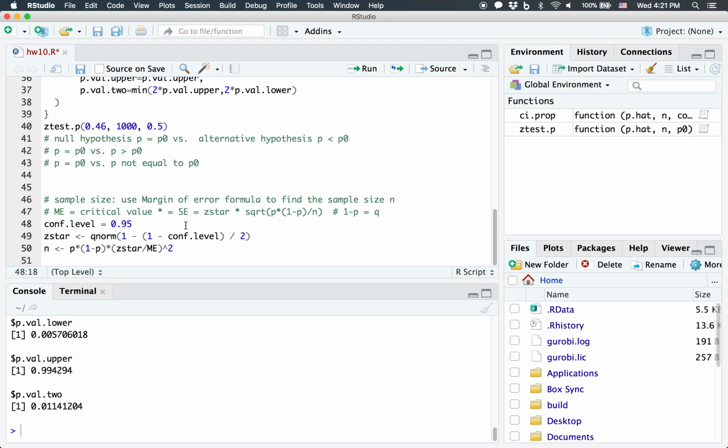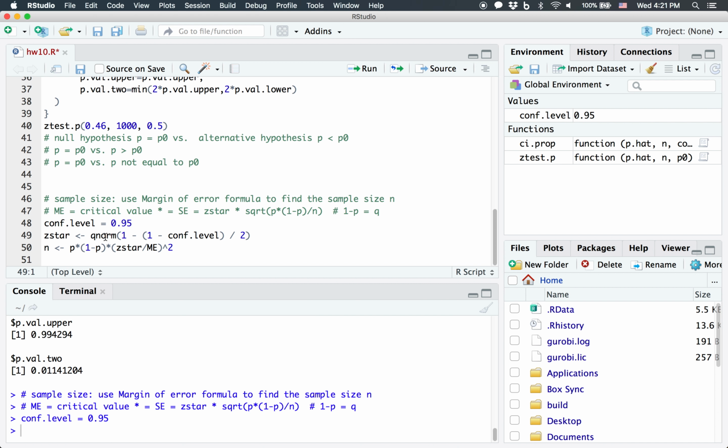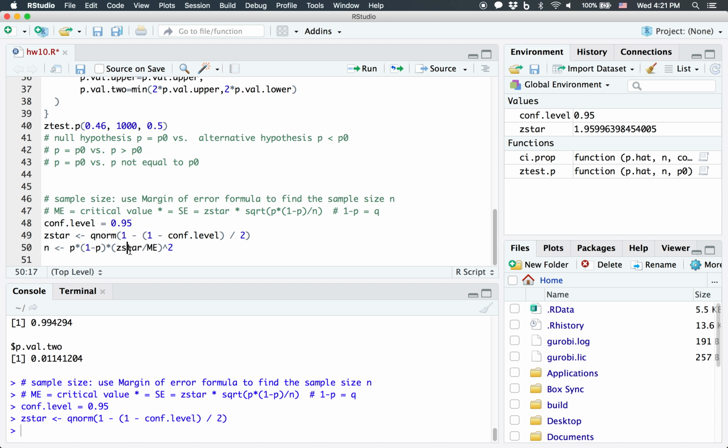So we define the confidence level, and we calculate the z star. Then this equation is just a rewrite of this formulation, where we are setting n on the left hand side so that we can get the sample size from this margin of error formulation.